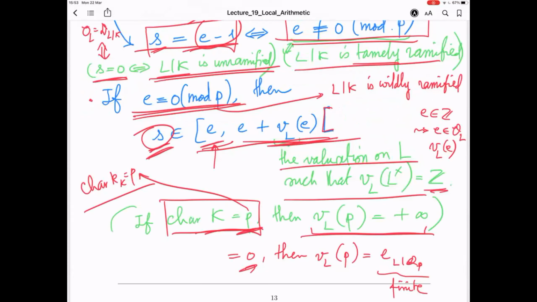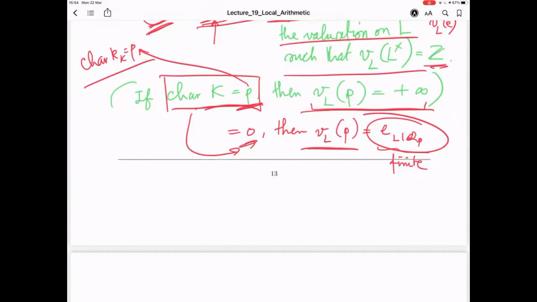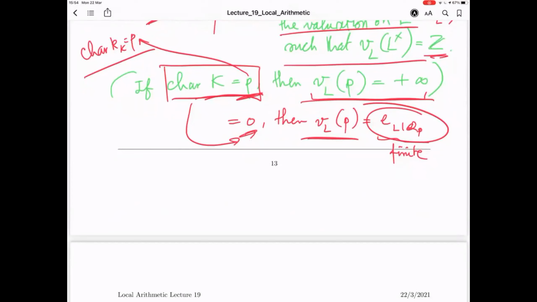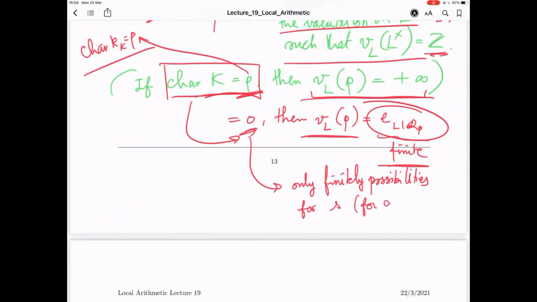But when the characteristic of the field K is 0, then VL of P is just the ramification index E of L over Q_P. VL of P is a ramification index of L over Q_P, hence a finite number. So in this case, there are only finitely many possibilities for S, for a fixed E, of course.